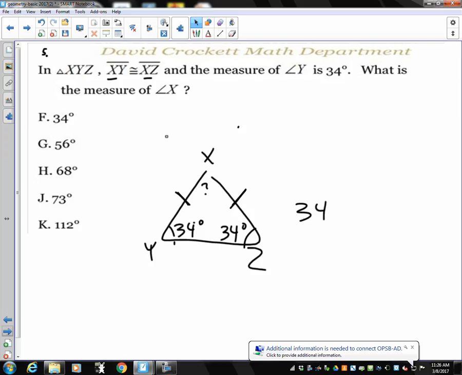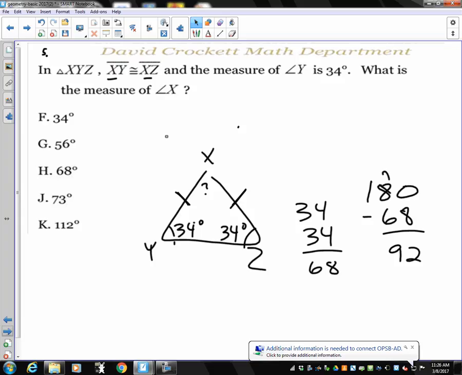So we got 34 and 34 is 68. And then 180 minus 68 here would just be 92. I probably did that wrong. Let me just put it in my calculator. It reads 112. That makes sense.